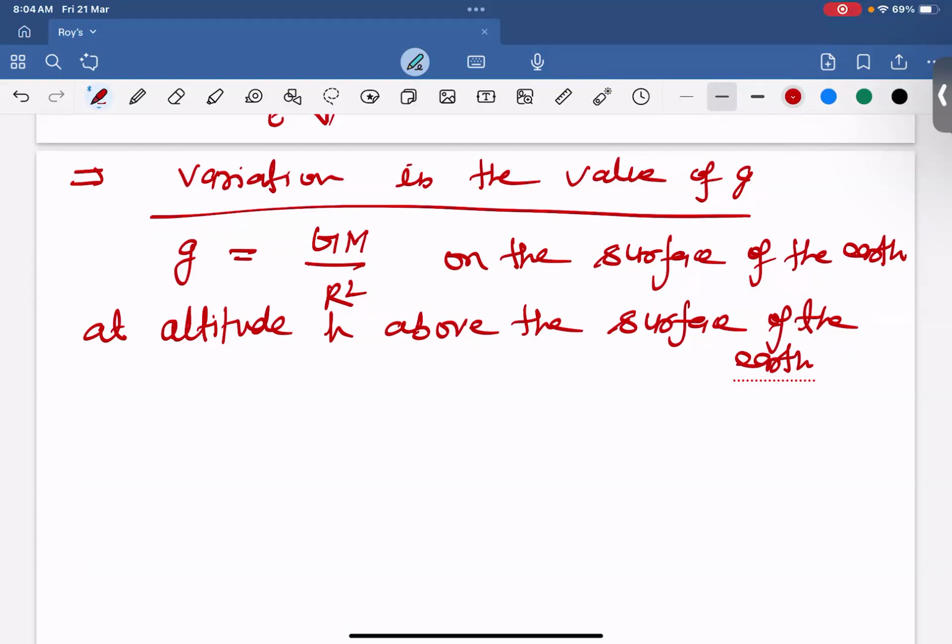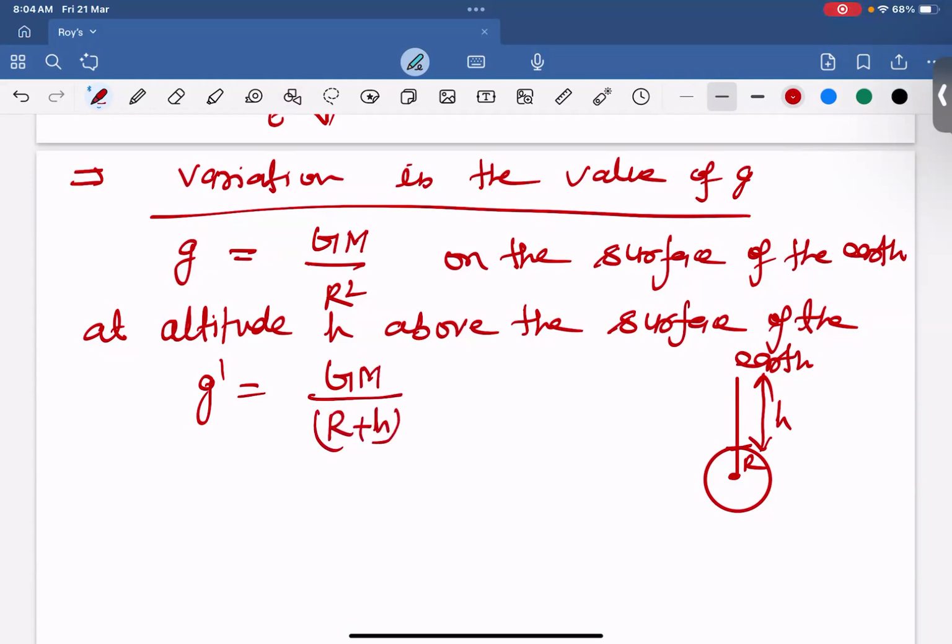if you take this as the Earth, and you go like this, and you see this height here, height is only h, this is R. So this is an outside point. For an outside point, we take the mass and the distance from the center. You can use here (R plus h) square. This way you can find g dash.